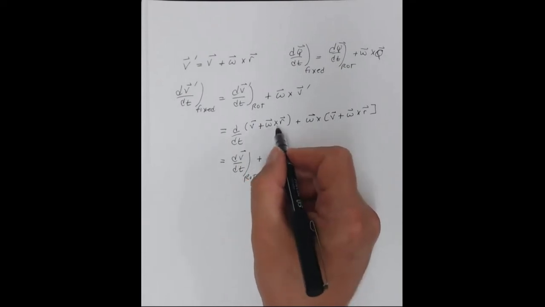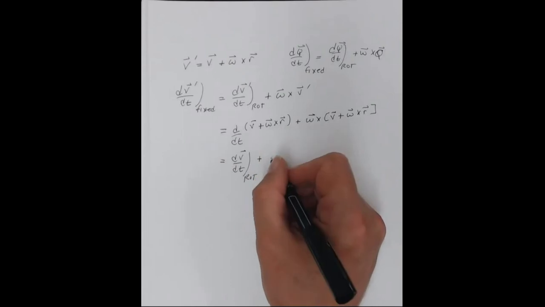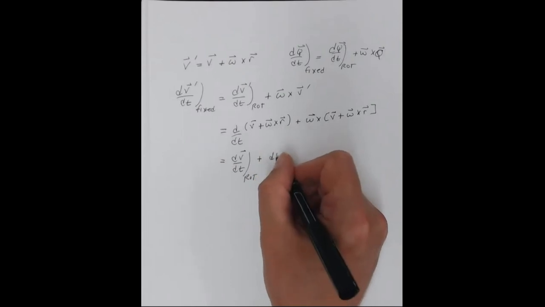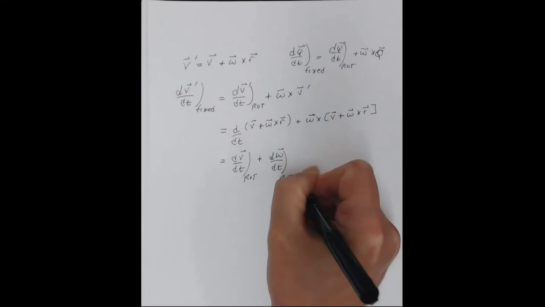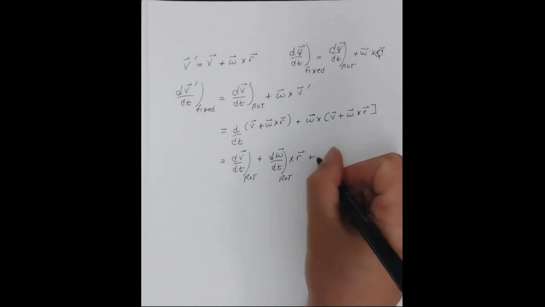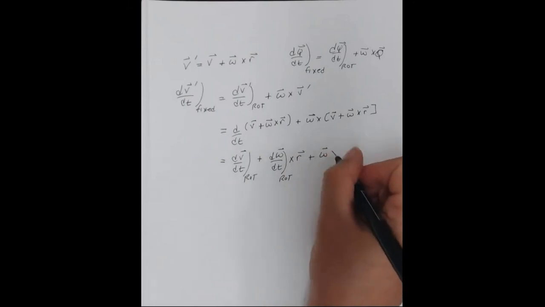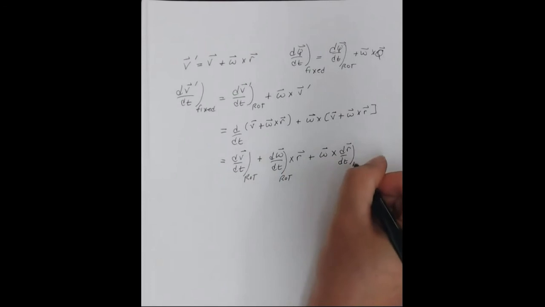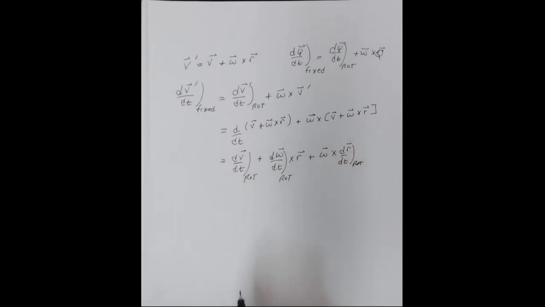now I use the product rule here, so I'll have to write d omega/dt as seen from the rotating frame, but we found out that's the same as the fixed frame, crossed r, plus omega cross dr/dt as seen from the rotating frame. That's our velocity as seen from the rotating frame.